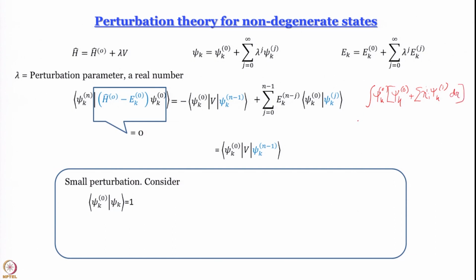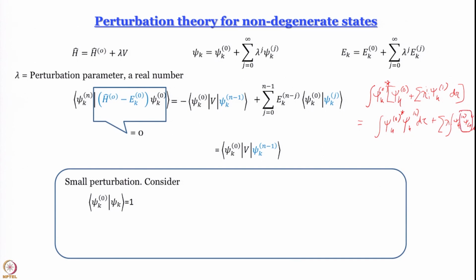So what does it boil down to? It boils down to integral of psi k 0th star psi k 0th integrated over all space, plus, now see I will get a summation, some lambda to the power whatever, integral psi k 0th psi k ith d tau.